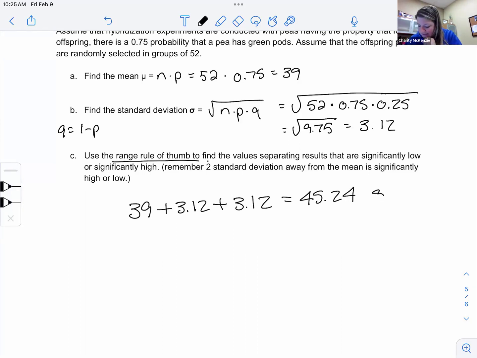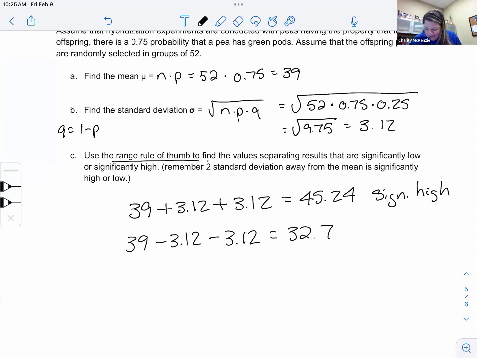Okay, if I want low, I take that mean and I subtract 3.12 twice, right? So 39 minus 3.12 minus 3.12 is going to give me 32.76.